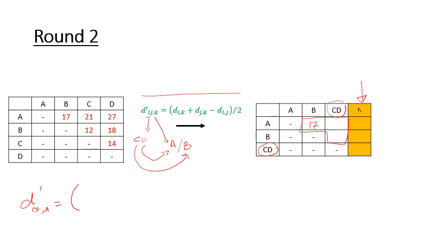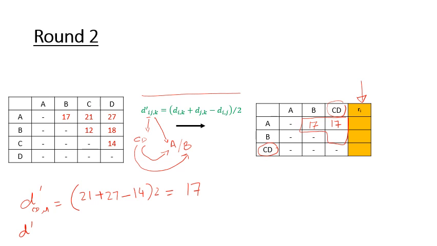This can be computed by adding the distance between I to K, which is C to A. C to A is 21, plus the distance between J to K, J is D, K is A, so the distance between D to A is 27, minus the distance between I to J, meaning the distance between C to D. C to D is 14 divided by 2, and when you compute this value you will get 17. So write 17 here.